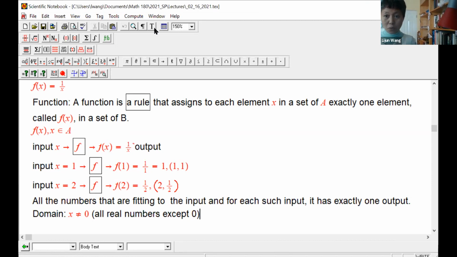So this is another rule. And this rule produces what? Produces points. Input, output, input, output.